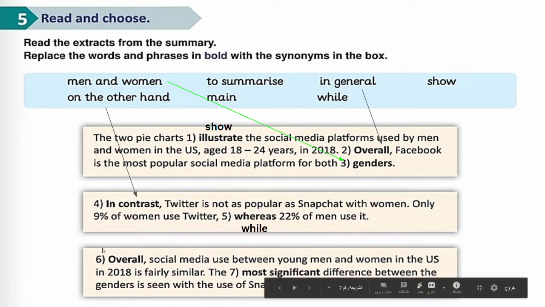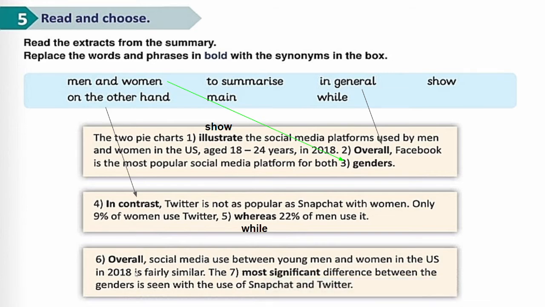Then we have: overall, social media used between young men and women in the USA in 2018 is fairly similar. Overall means what? Yeah, excellent. It means to summarize. To summarize, social media use between young men and women in the USA in 2018 is fairly similar.